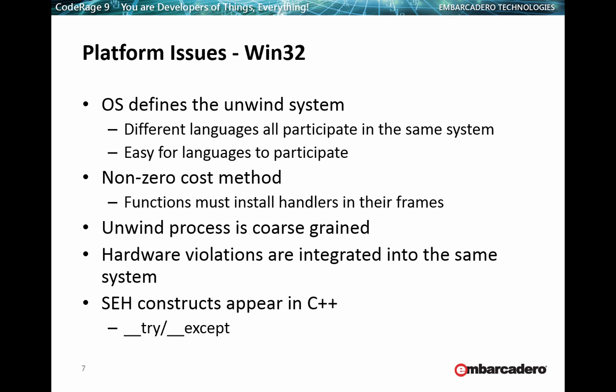So in Win32 on x86, when you call a function, the function has to preserve typically a certain set of registers: ESI, EDI, EBX, EBP, ESP, and when you return from that function, those are expected to be restored to the same values that you had going into them.